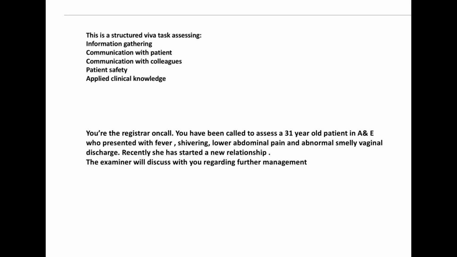In spite of having fever, the degree of temperature will give us an idea about the severity of the infection. And also if she has a temperature of 38 or more, she may need to be admitted to the hospital. And also if her temperature is at this level, we may need to do the full septic screening investigation for her.